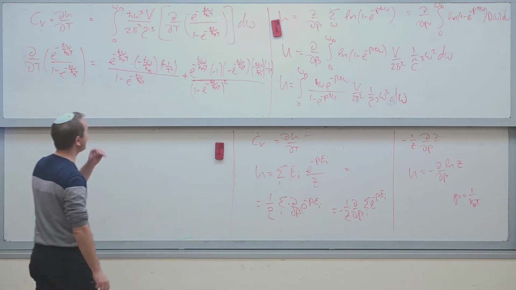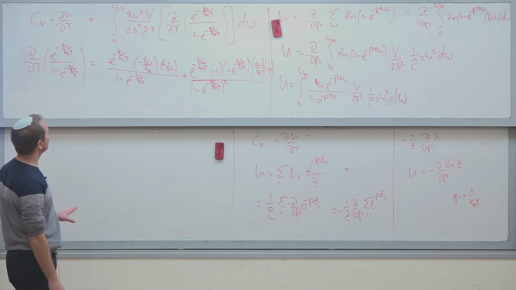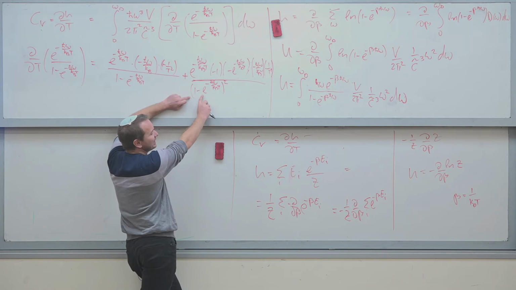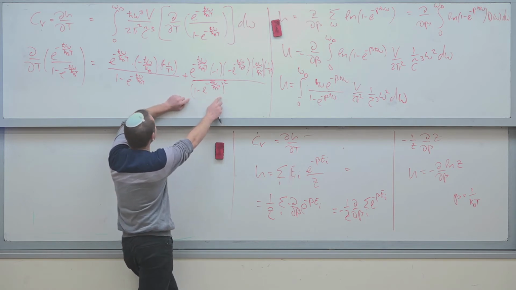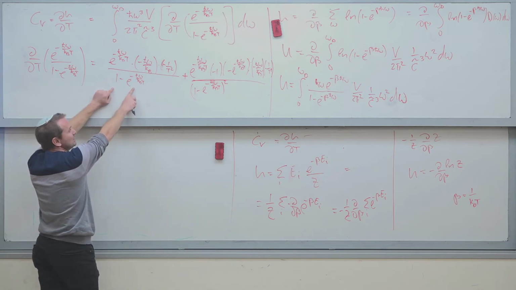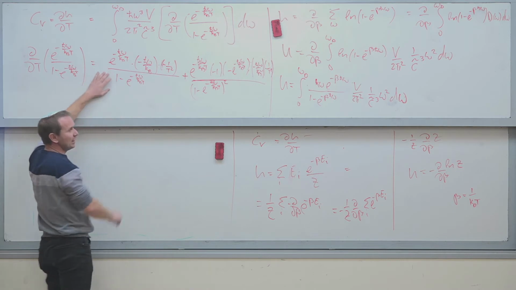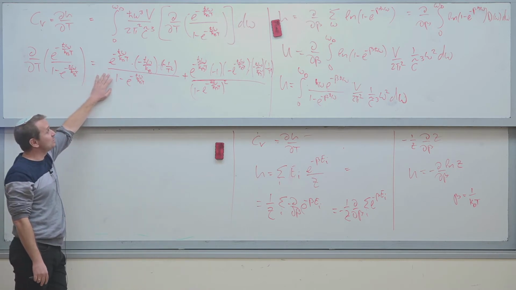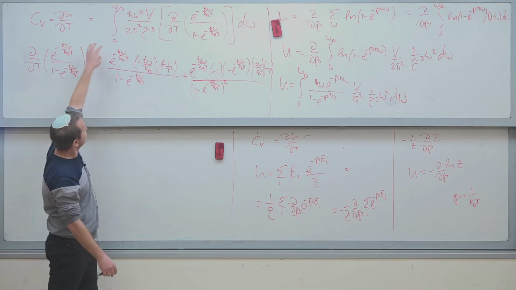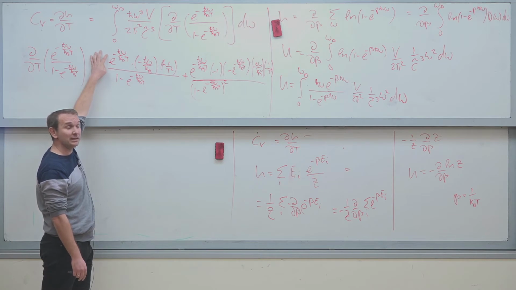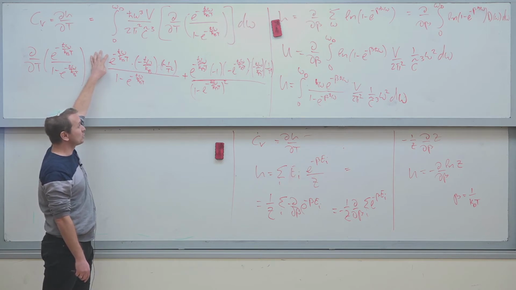This is actually not extremely bad. Why is it not extremely bad? Because you see here in the denominator, I have 1 minus e to the power minus h bar omega over k Boltzmann T squared, and here I have only 1 minus e to the minus h bar omega over k Boltzmann T. So I take this guy and multiply the numerator and denominator by 1 minus e to the minus h bar omega over k Boltzmann T. So this term is also multiplied by 1 minus e to the power minus beta h bar omega.